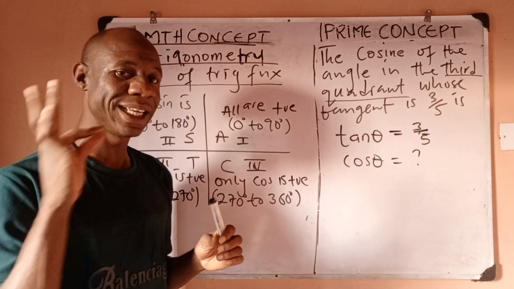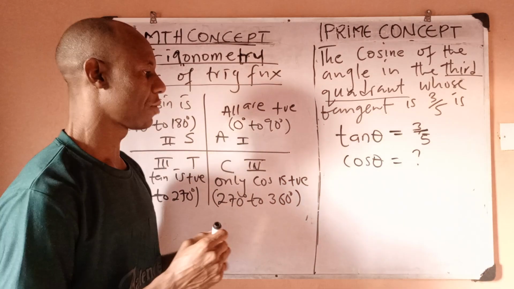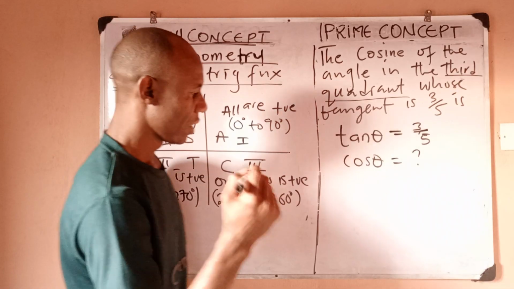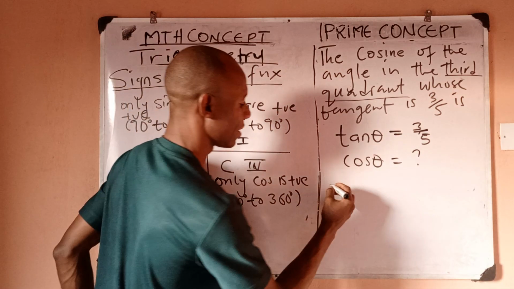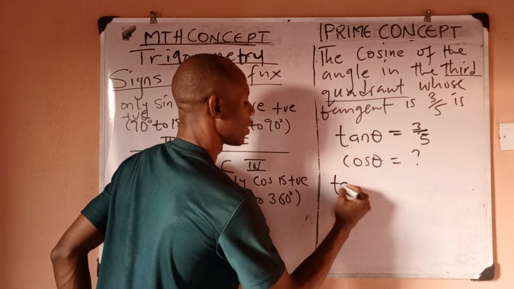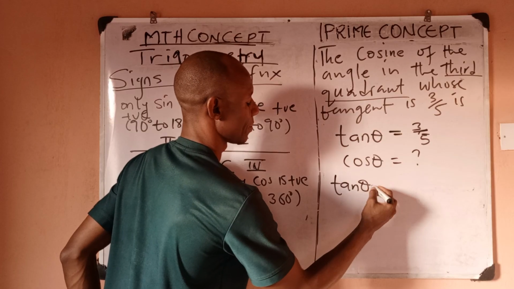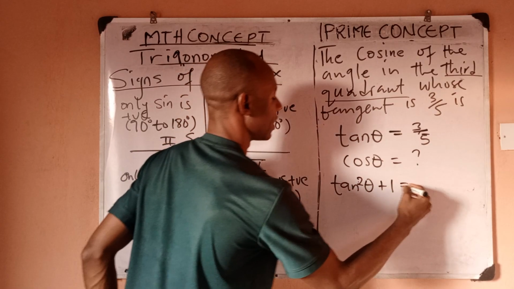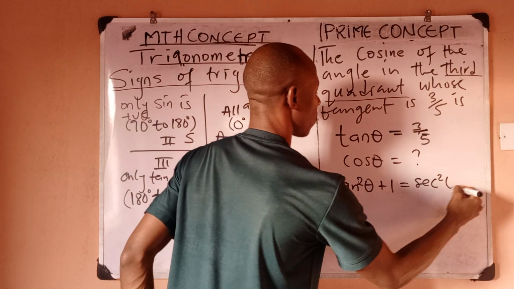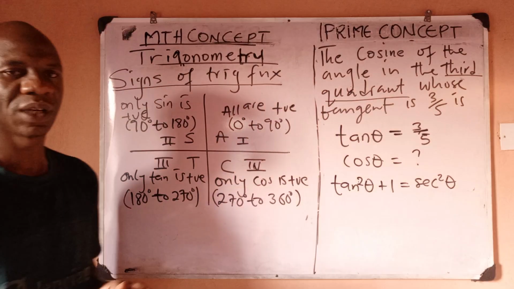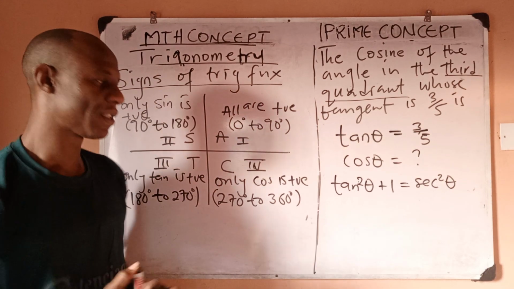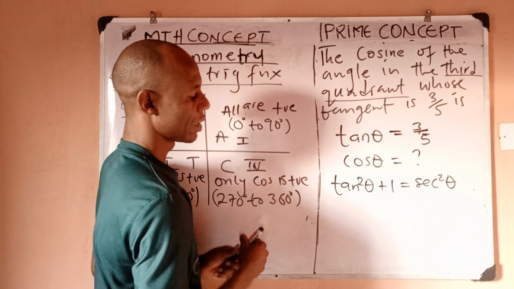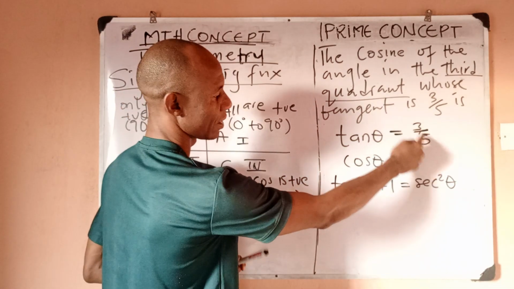Now, which approach? We're going to use the trig identity first to solve this. If you recall our trig identities, we have the relationship tan squared theta plus 1 is equal to sec squared theta. I'm going to solve this in two ways. Now, what is tan theta? Tan theta is 3 over 5.